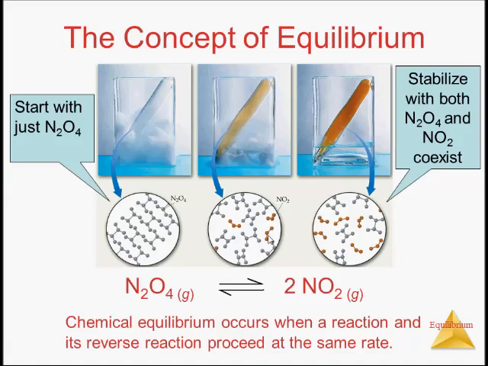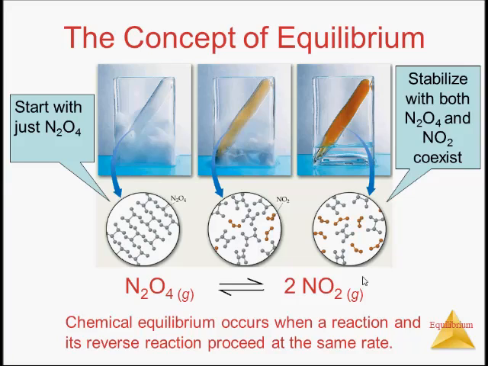It's just continuing. We have the forward and the reverse occurring simultaneously. So we've got this coexistence of both the N2O4 and the NO2. Some of the NO2 is changing into N2O4, but some of the N2O4 is breaking down into the NO2. And so this is a state of equilibrium. This is very different than the reactions that react once and they stop and they're done.